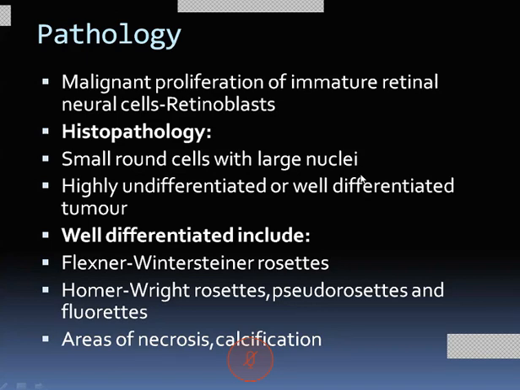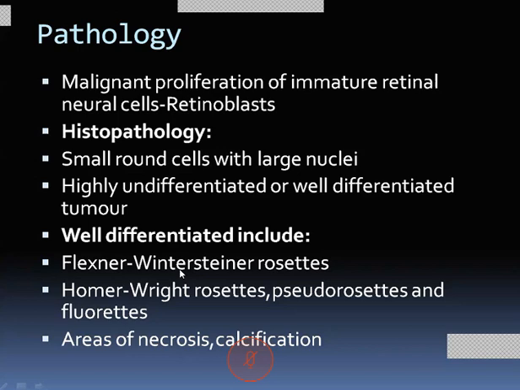In the well differentiated tumor, we can see the cells arranged in different patterns: Flexner-Wintersteiner rosettes, Homer Wright rosettes, pseudorosettes, and fleurettes. See, retinoblastoma is a very fast growing tumor.